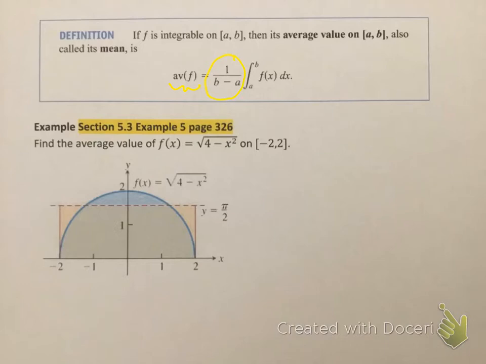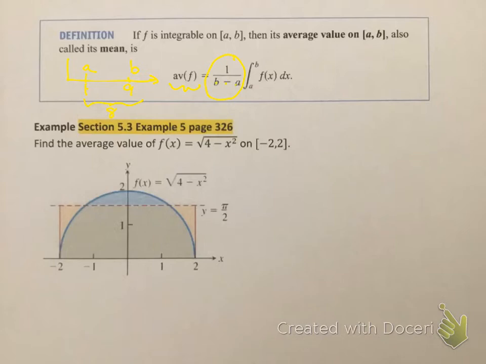Remember last time we said x went from A to B. And so if this is my x-axis right here, then I subtracted those. B minus A was 8. B minus A is 8, and I was dividing by 8.